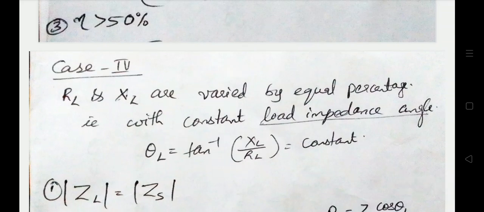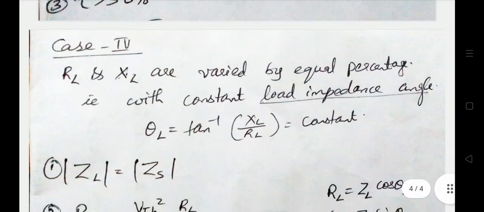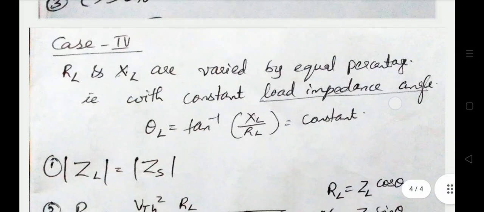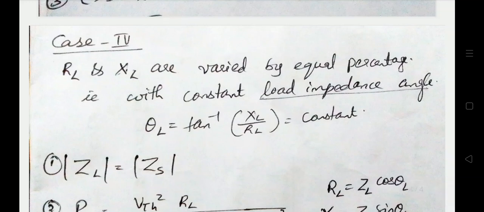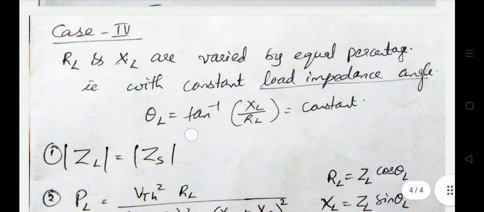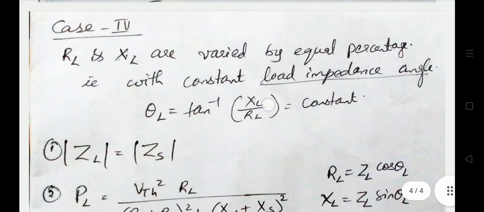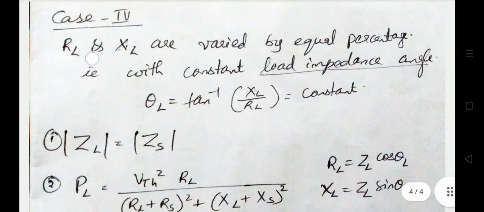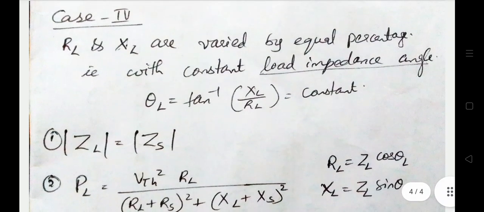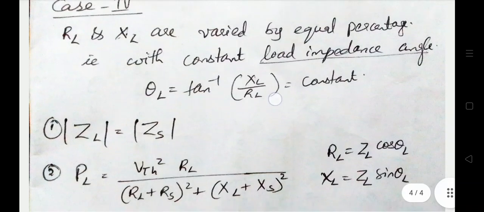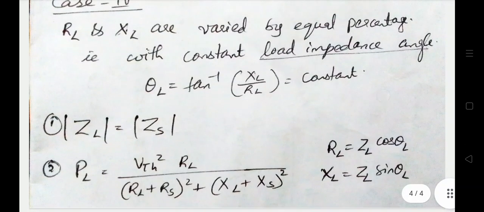Now let's see case 4. RL and XL are varied by equal percentage. We know the load impedance angle tan theta L is equal to XL by RL. That means load impedance angle theta L is equal to tan inverse of XL by RL, which is a constant. This is a case where both RL and XL are varied, but in equal percentage. Therefore, this load impedance angle becomes a constant value.